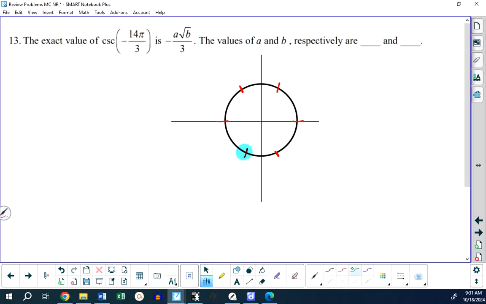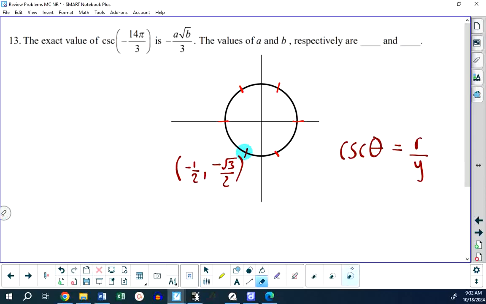And we'll get back to that in a second, but let me write out what the coordinates are here. Would you agree those are the coordinates of that point on the unit circle? And would you further agree that cosecant of theta is r over y? And on the unit circle, it's 1 over y.